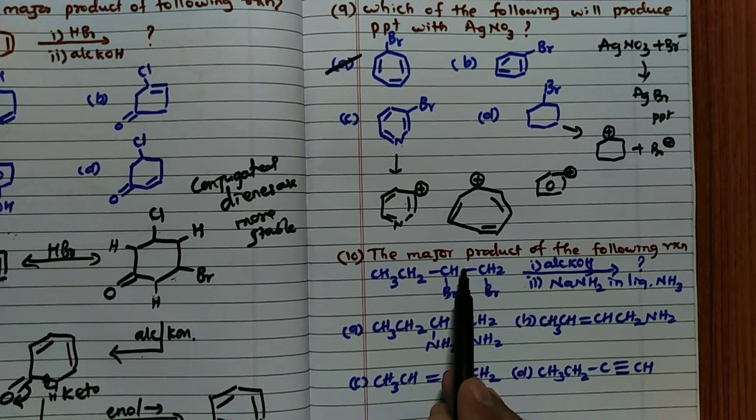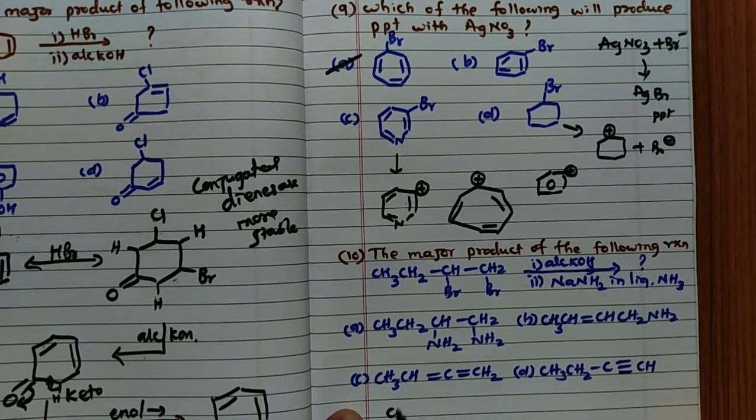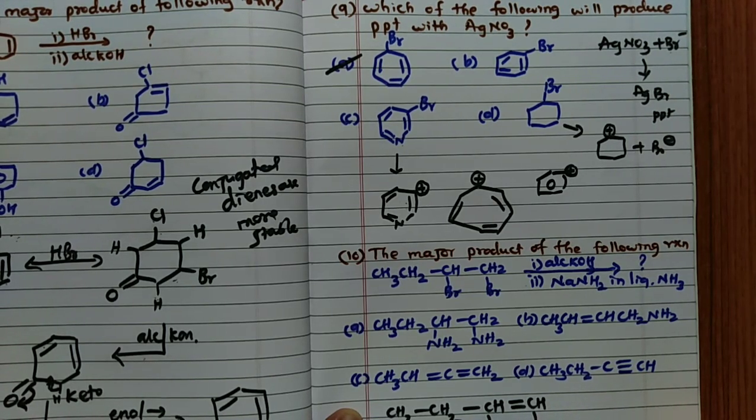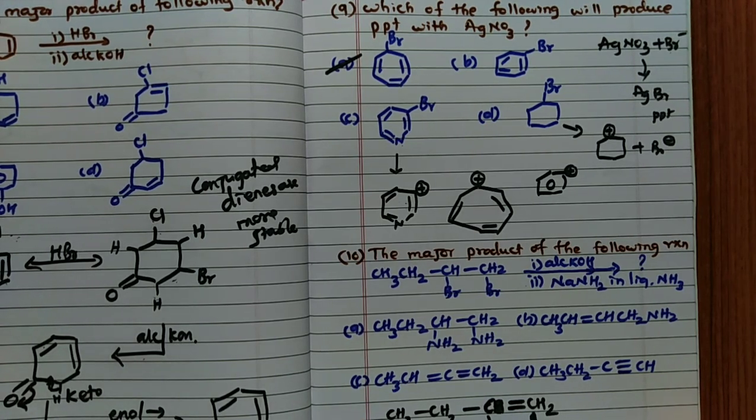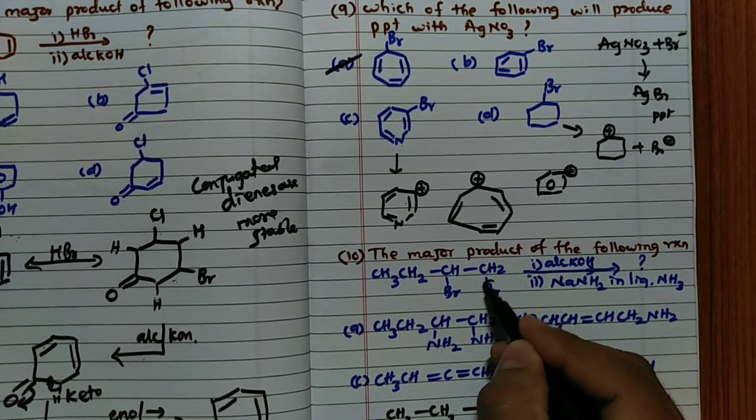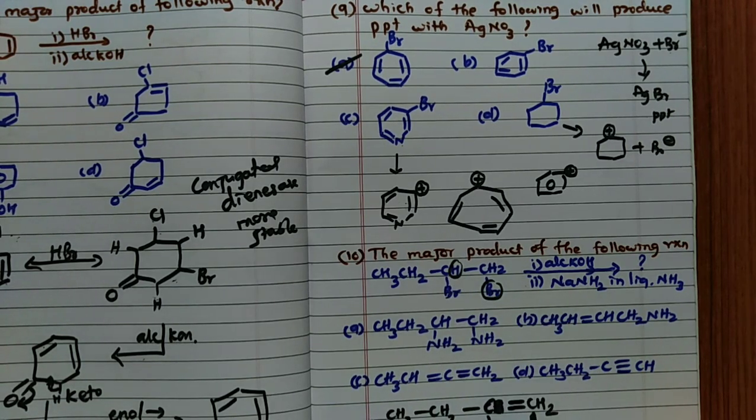So this is the double bond you are going to form, like this: CH3, CH2, single bond, CH, Br, double bond CH. In the first step, Br from here and H from here you have removed. No problem at all.